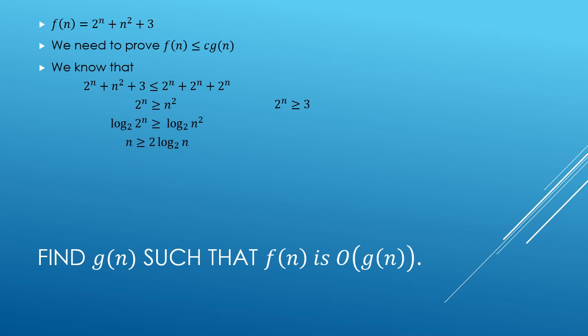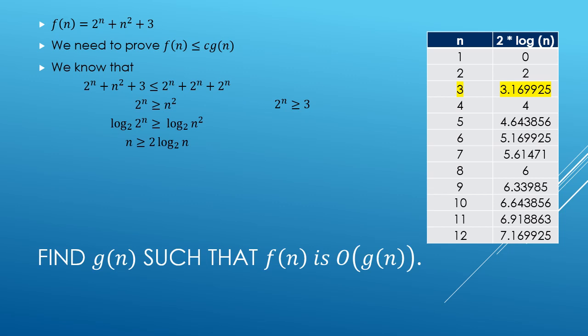Again, how do you find the value of n? Let's take the help of a table. In this table, for different values of n, I have calculated 2 log n.